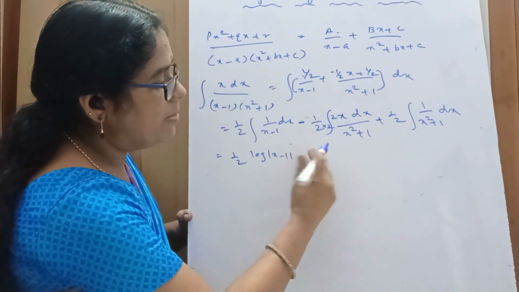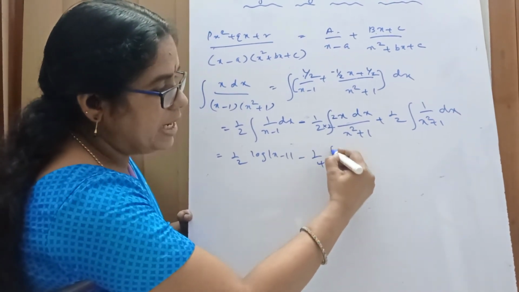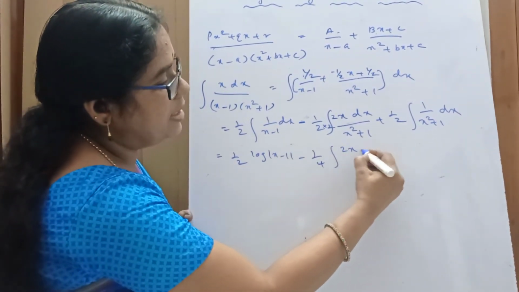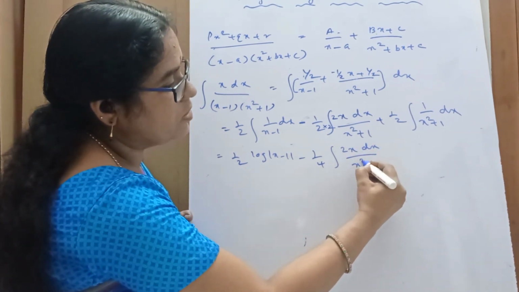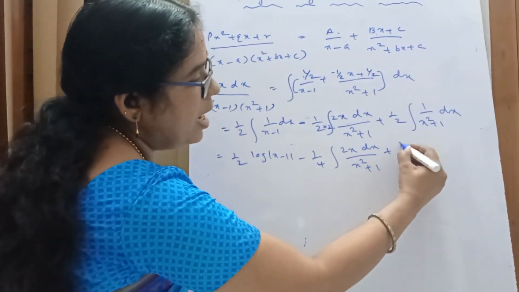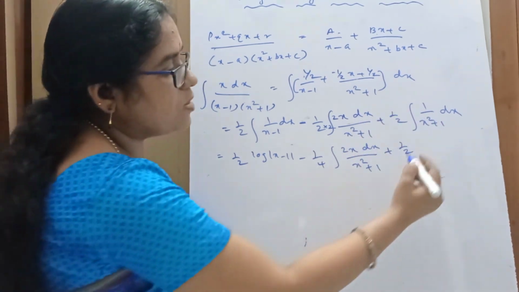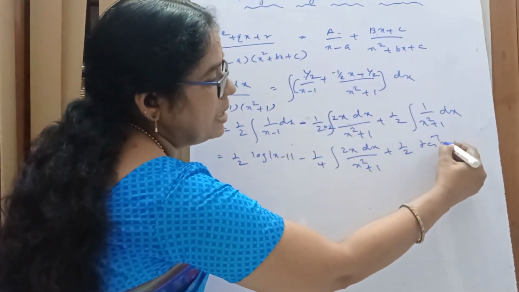Therefore, we get 1 by 4 integral 2x dx divided by x square plus 1, plus half into the integral of 1 by x square plus 1, which is tan inverse x plus c.